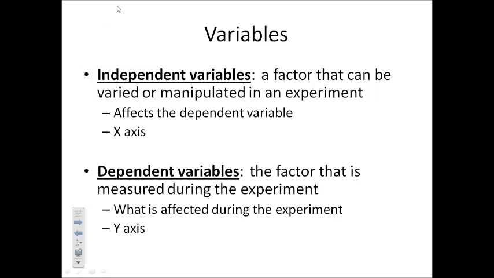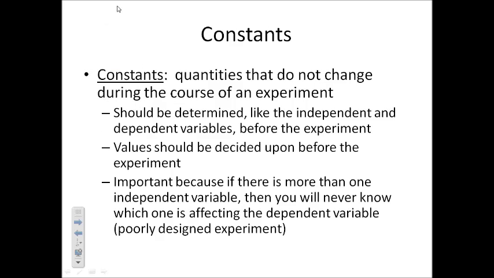As we move along here, we also have to take into mind that during any experiment, if we design it correctly, there are going to be things called constants, and these are things that don't change during the experiment. We can't have too many things changing at once, or else we'll never know what caused our dependent variable to change.